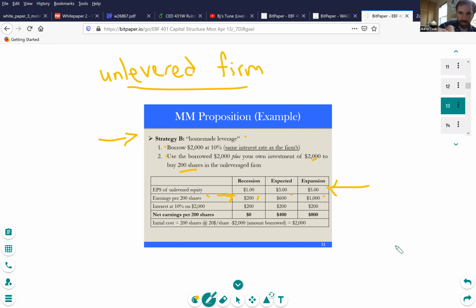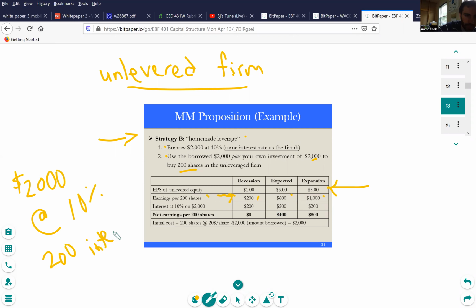And then he's paying back. Remember, he borrowed $2,000 at 10%, and so that's going to entail $200 of interest. So that's what's in this third row: the interest payments that this investor is obligated to pay as a result of this borrowing of $2,000.